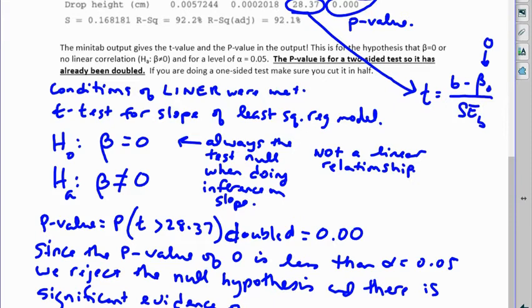The null hypothesis would be that there's not a linear relationship, but of course, we're looking for evidence of the alternative, and the alternative is saying that there is a linear relationship.